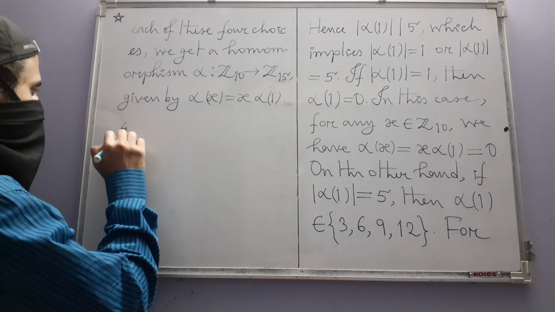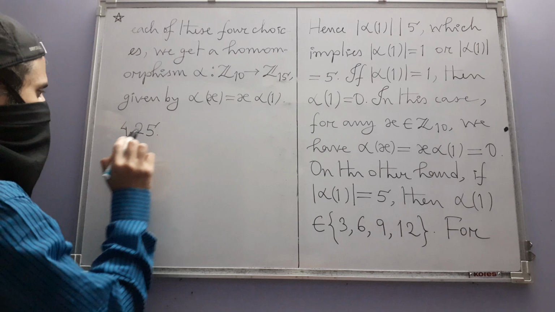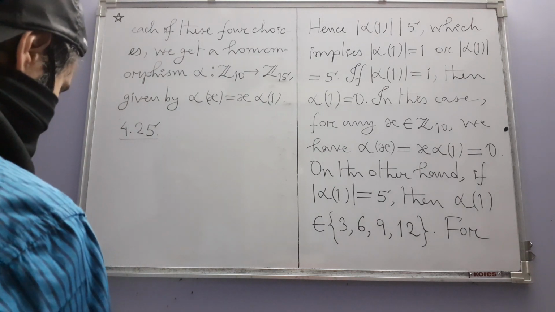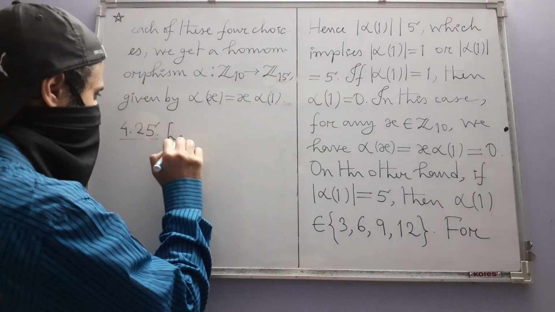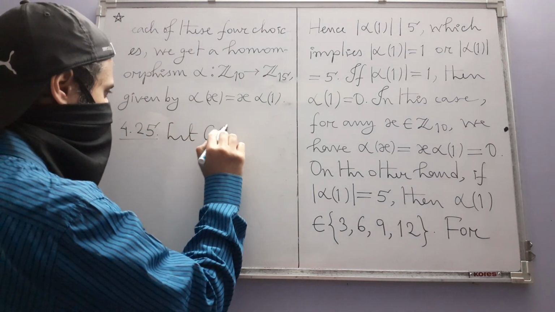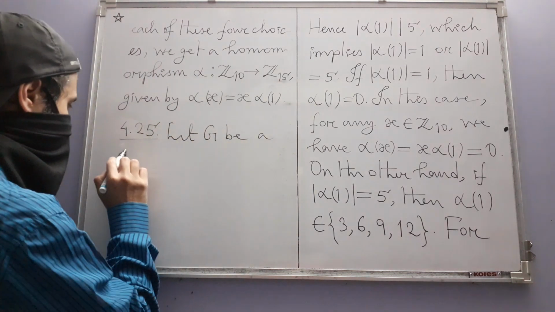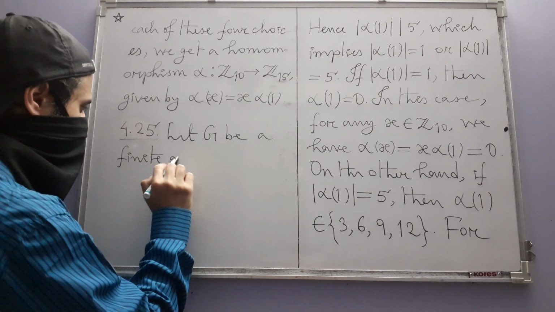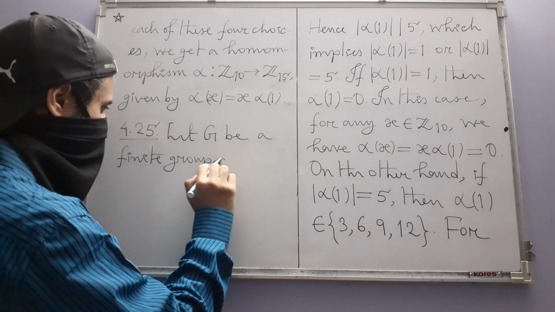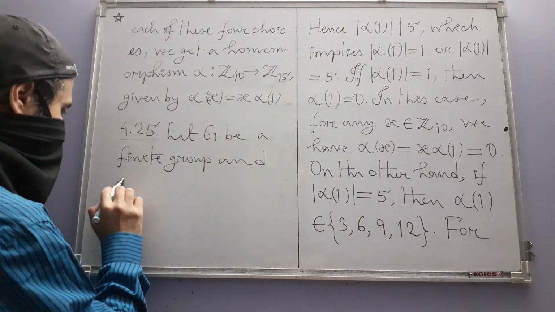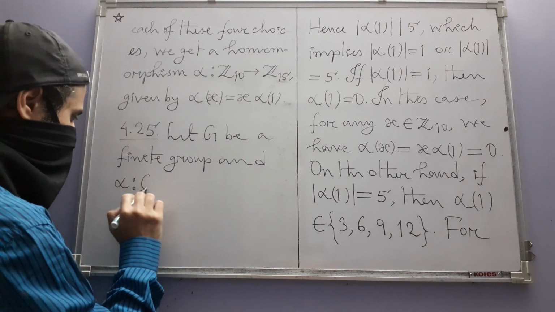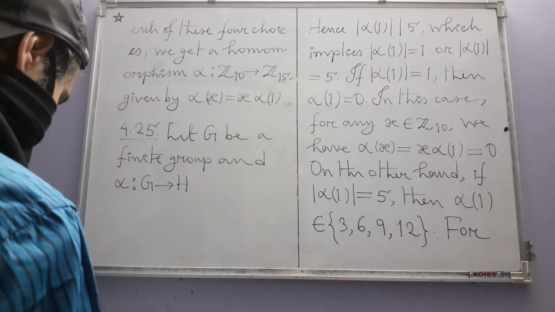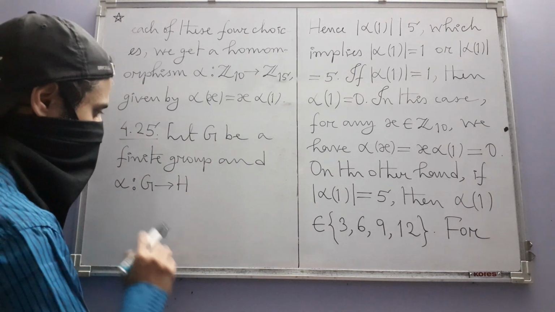Next, the 25th one. Let G be a finite group and alpha from G into H an onto homomorphism.